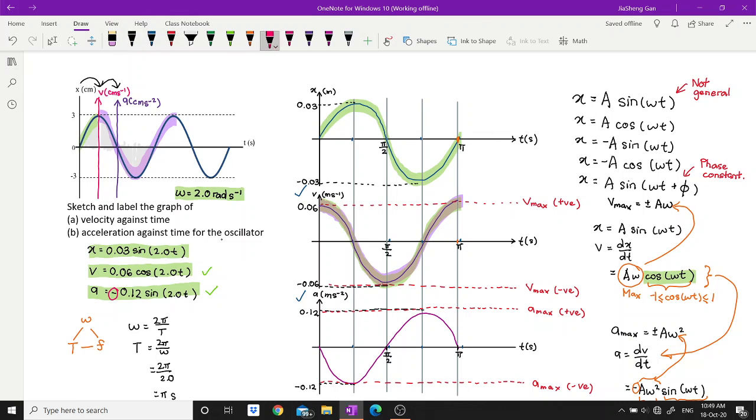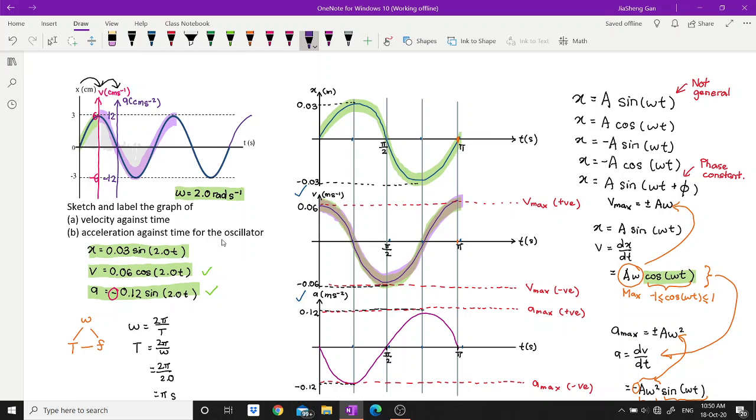For the velocity time graph, it will be 6 cm per second and negative 6 cm per second. For the acceleration time graph, it should be 12 cm per second squared and negative 12 cm per second squared. Okay, so you can just extend this line further if you are running out of sinusoidal curve.